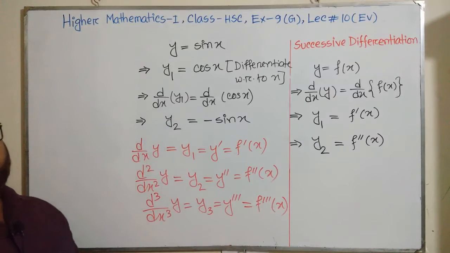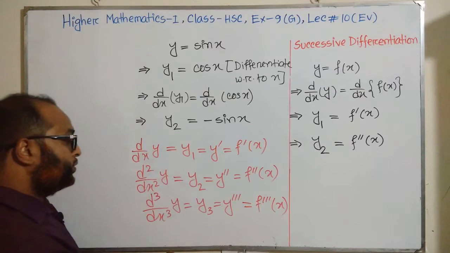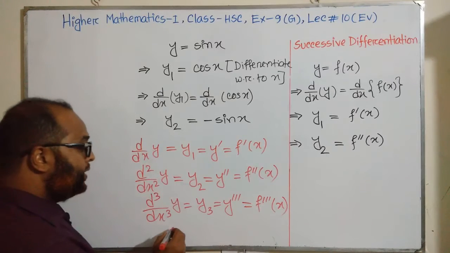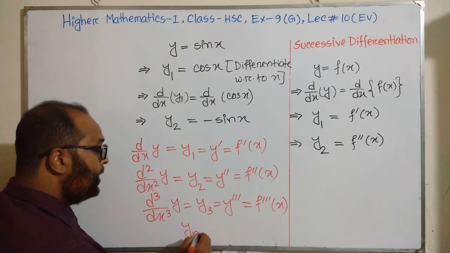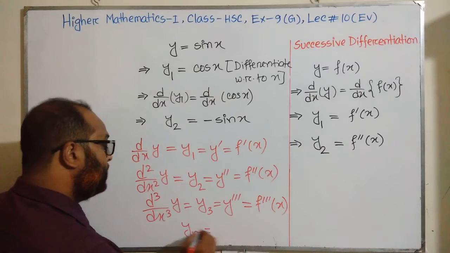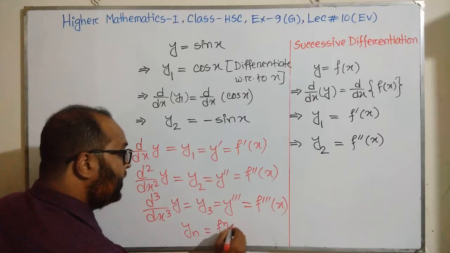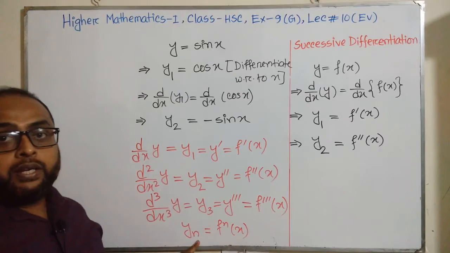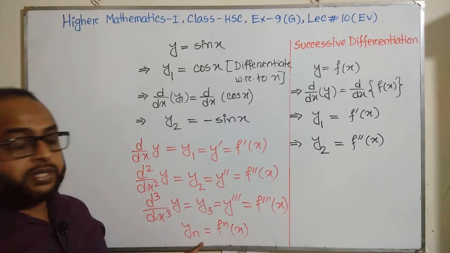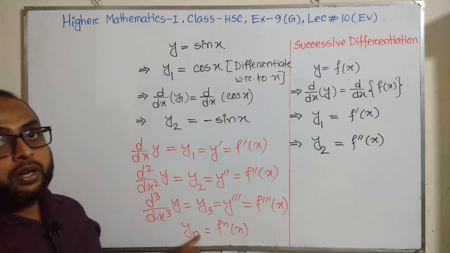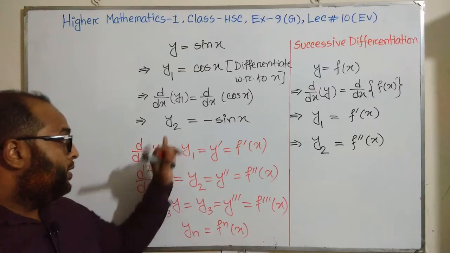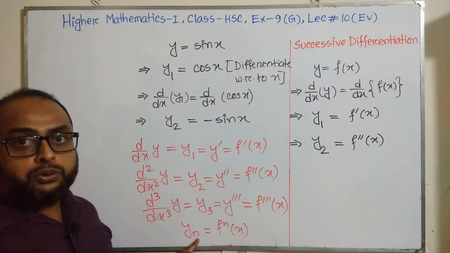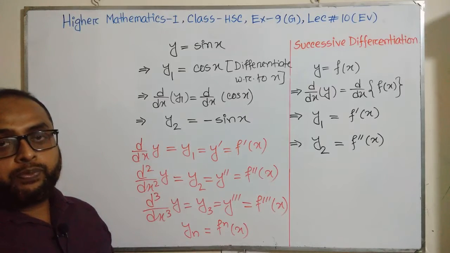Similarly, if we differentiate this function n times, this is written as yn, or f n x. This is denoted by yn. That means we differentiate the function y up to n times.